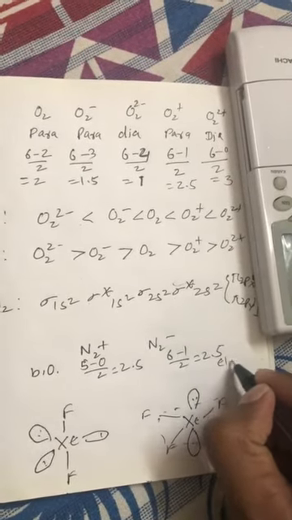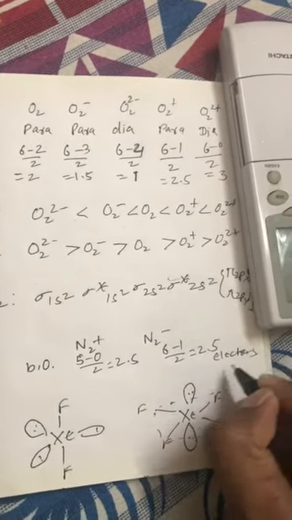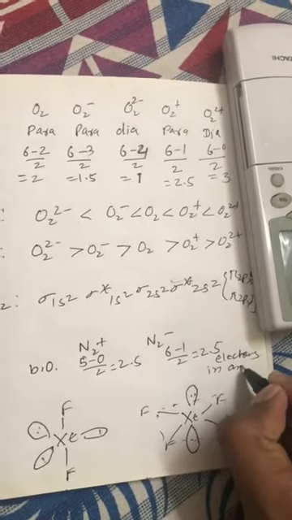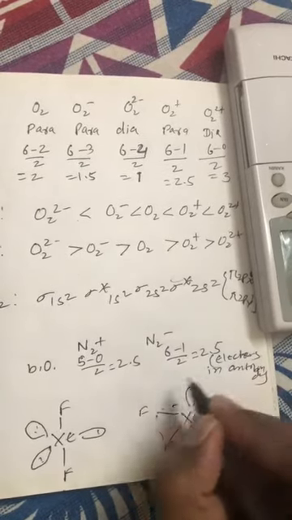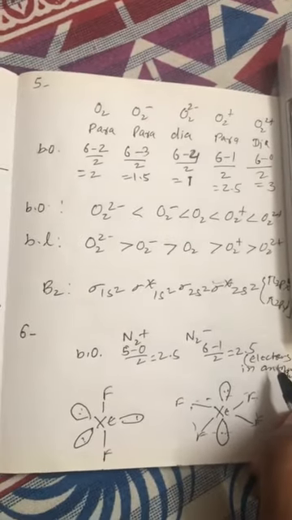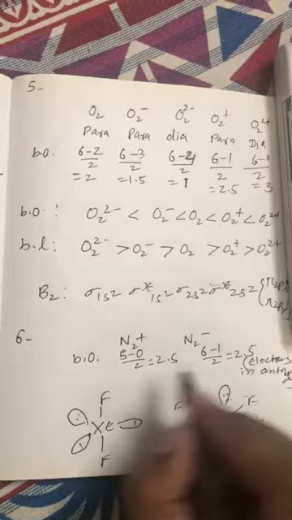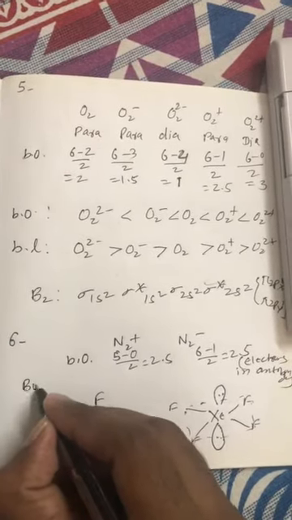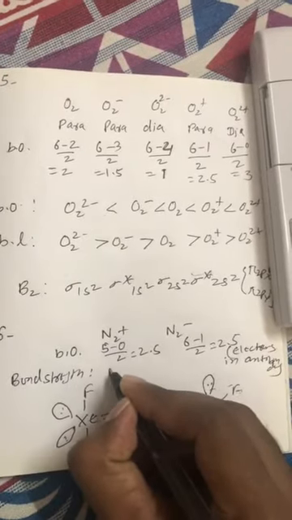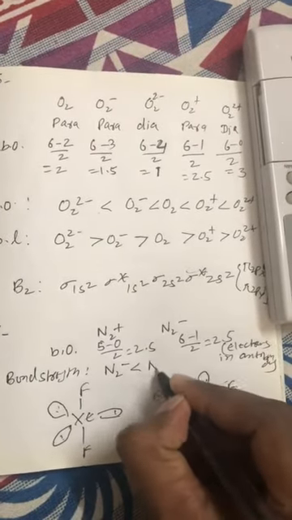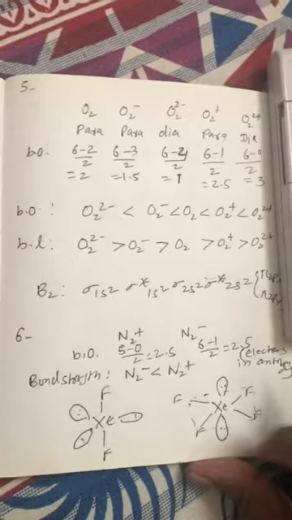electrons are in anti-bonding. So if electrons are present in anti-bonding, then bond strength decreases. So the bond strength or bond energy of NO2 negative will be smaller than NO2 positive.